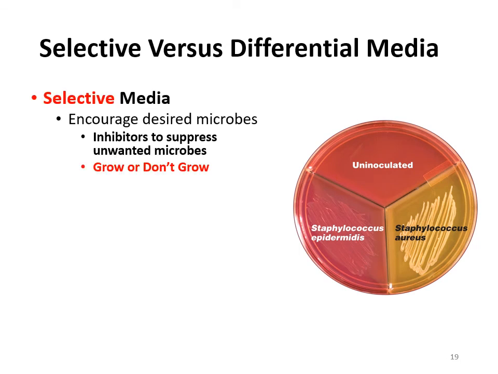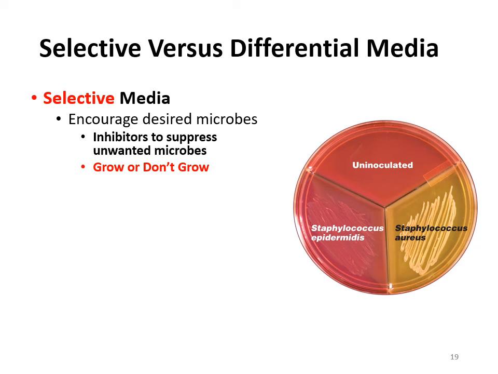So first we have the idea of selective media. Selective means you're selecting for something, okay? So you will either see growth or no growth. There will be inhibitors in this kind of media that block certain bacteria from growing, okay? So the picture that we have on the slide, this plate here, that's an MSA plate, mannitol salt agar, okay?